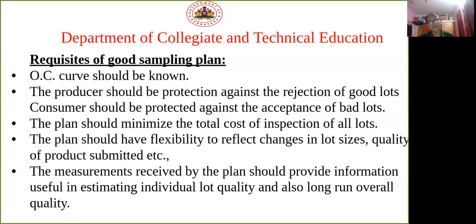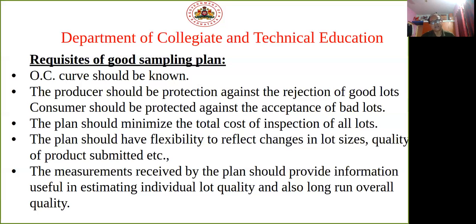Whenever you go for drawing the OC curve for the single sampling plan or double sampling plan, there will be flexibility, because there is a change in the capital N, that is the lot size, and a change in the sample size n. So there should be flexibility in that.